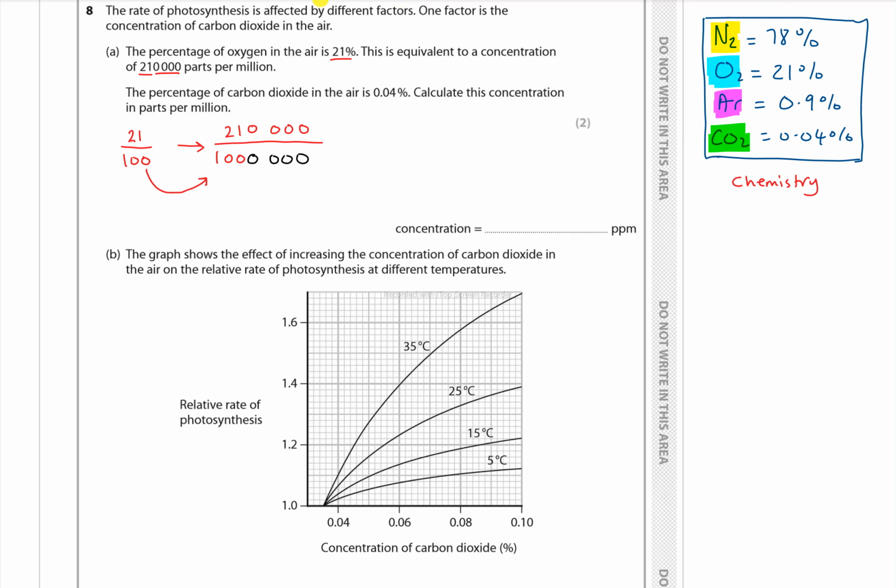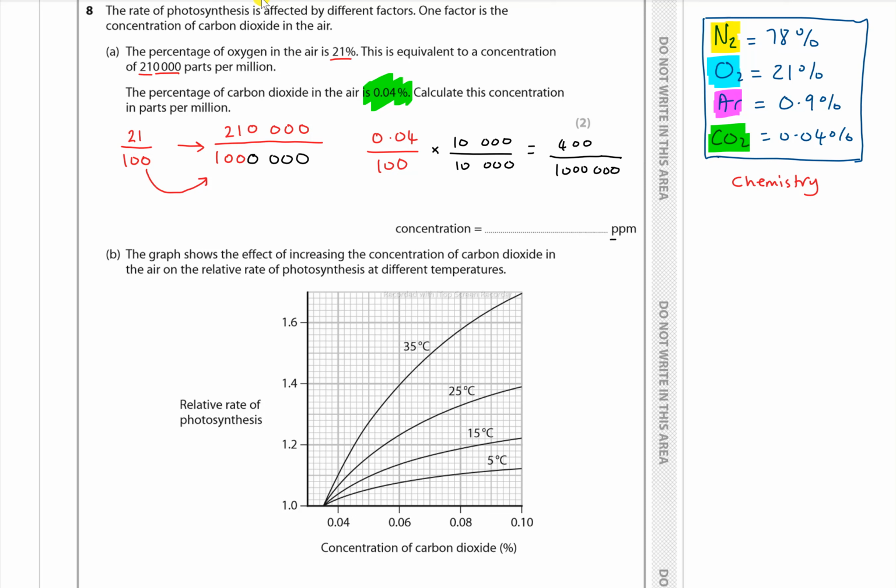Now let's do the same thing for that. We start with 0.04%, and they've multiplied it by 10,000. So that will become 400 parts per million.